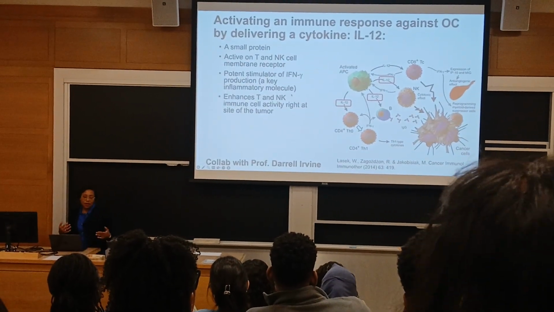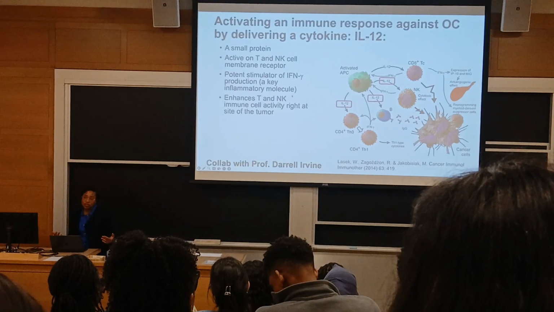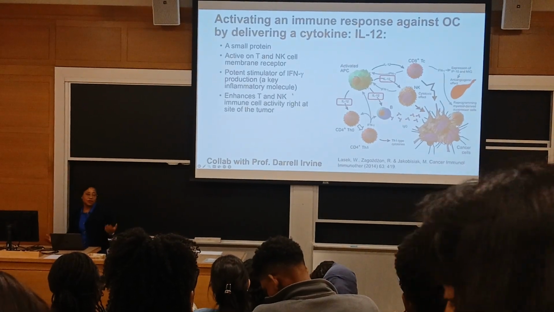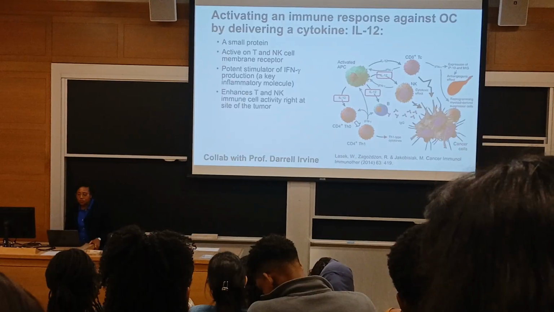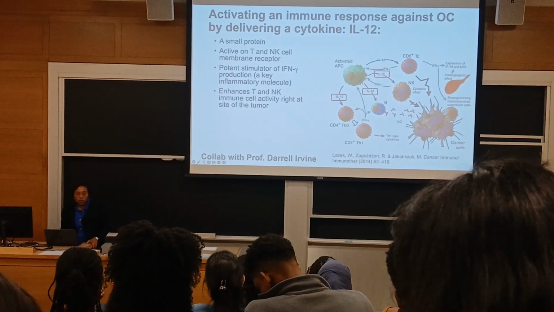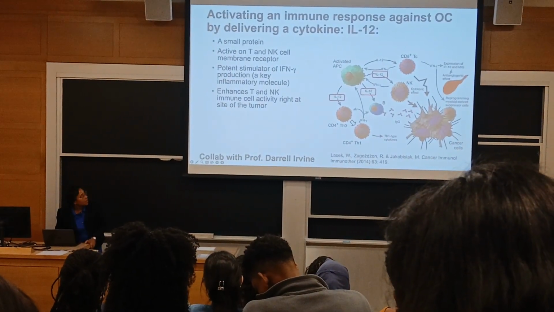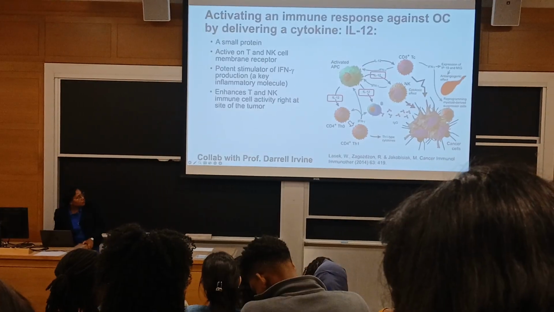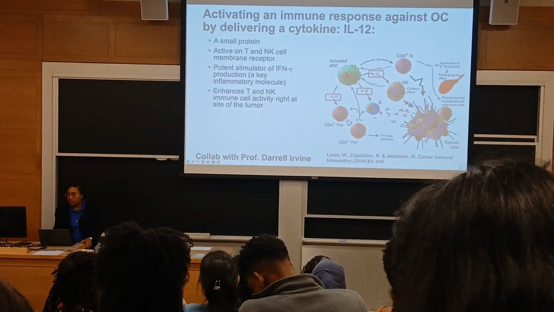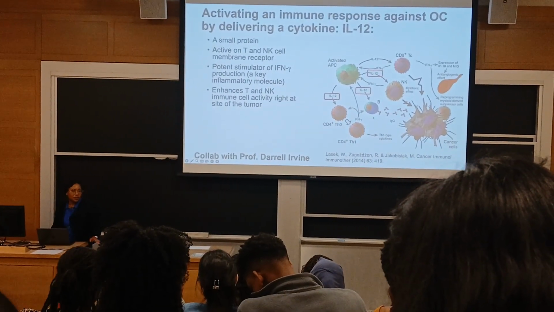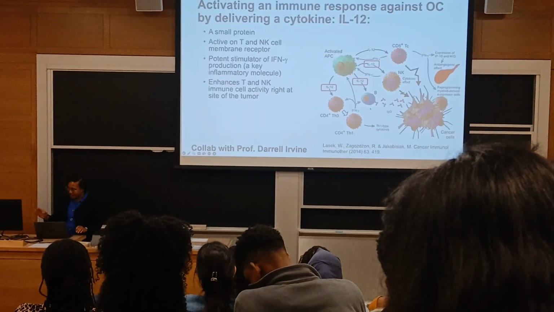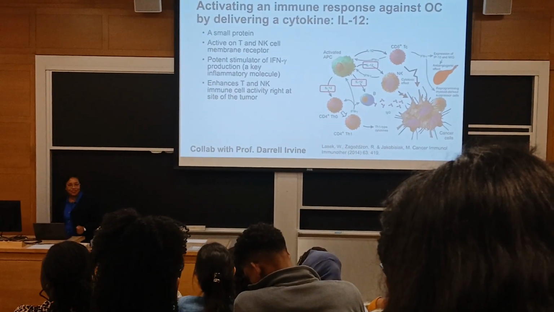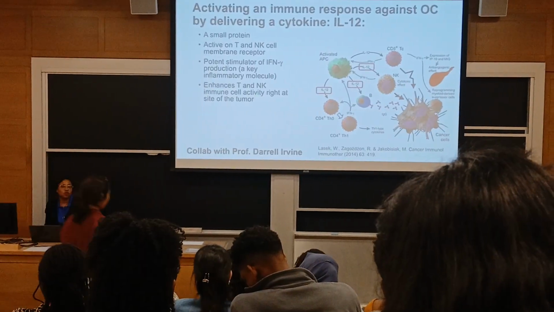It has a special interaction with T and NK cells, the two cells that are really responsible for killing tumors, as well as the inflammatory response we need at the beginning, which is going to cause immune cells to generate interferon gamma. How many of you are familiar with interferon? Any yet? I see a few. Yep. Interferons are what get the immune system going.